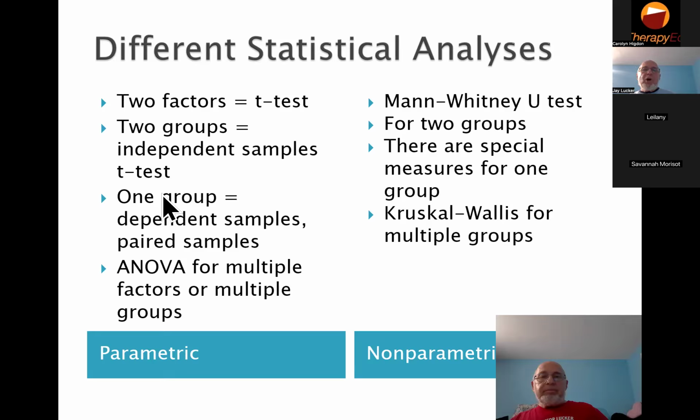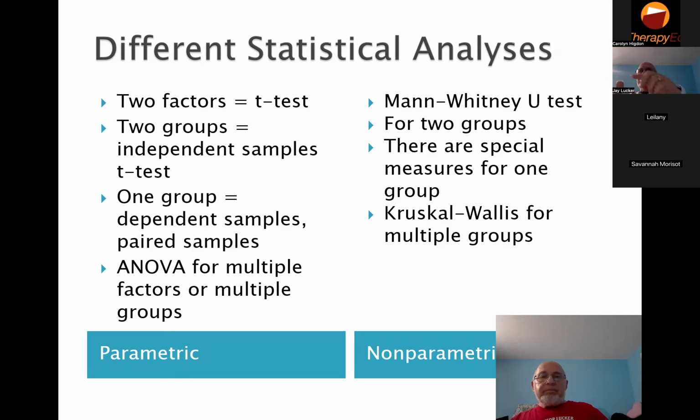Then we're using multiple t-tests, which are called ANOVA, analysis of variance. If we're doing two groups, we use t-tests, but if we're doing three groups, we have to compare group 1 with group 2, group 1 with group 3, and group 2 with group 3.